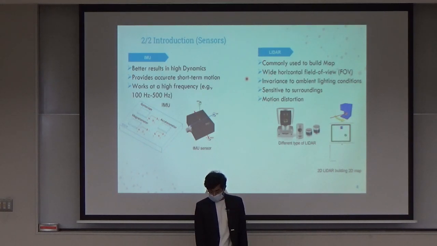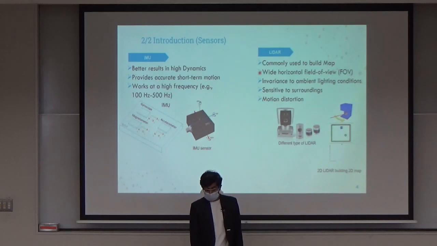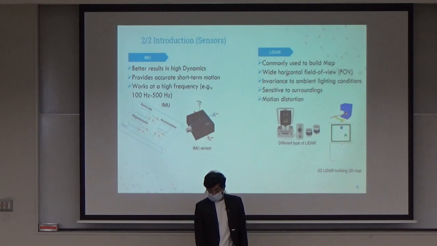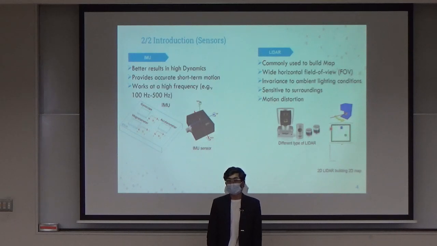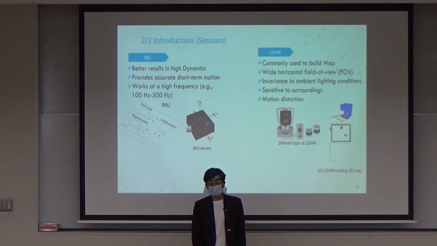The other sensor is the LiDAR sensor, which is used to build a map. LiDAR sensors emit light waves continuously, and when these light waves bounce back from objects or walls of the surroundings, it uses the time taken by the pulse to return to calculate the distance, and with the help of that distance it measures the map.